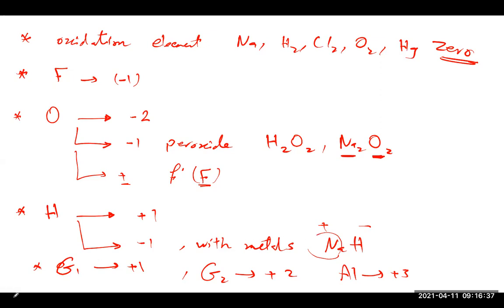Okay, so let's take an example and see how to calculate the oxidation number. If we have NO2 and we want to calculate the oxidation number for nitrogen, we know oxygen has 3 cases. This is not a peroxide and this is not fluorine, so oxygen will be -2. So I have 2 oxygen, each of them -2, plus the nitrogen, which is unknown.